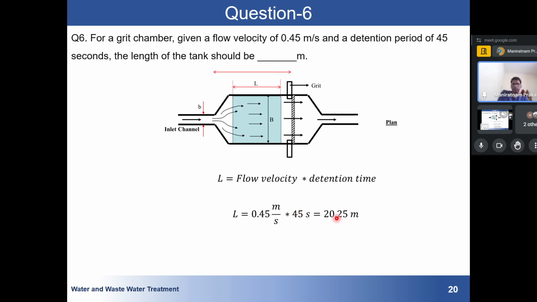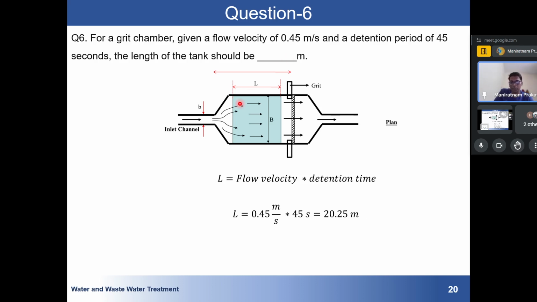So see, this was a simple question. Just remember, you should know how to use the given data. If you start getting confused, since flow velocity is given here, and start applying Stokes' law and the settling velocity formula, there is no need.